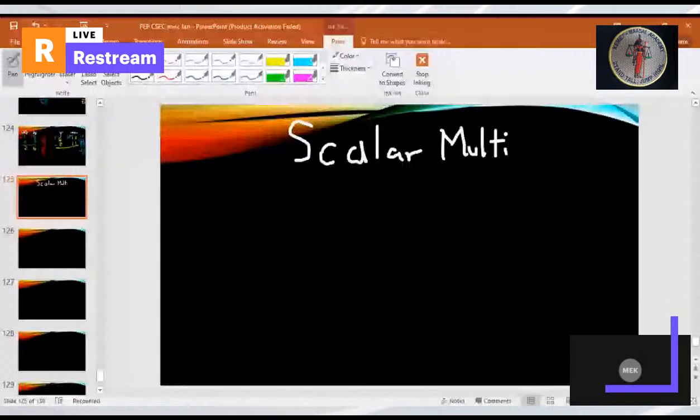So we're going to start with scalar multiplication. Scalar multiplication has to do with multiplying a matrix by a scalar quantity, by a whole number, a fraction, in some cases a decimal. And it's really, really simple.